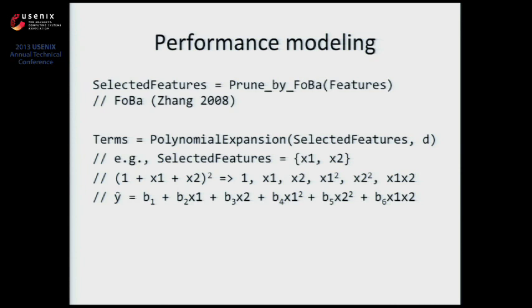So the next regression function becomes the y hat in the slide. This part captures interactions among features, as well as nonlinear effects of features. As a final step, we run FOBA to choose the linear function of the terms that meets our convergence criteria.